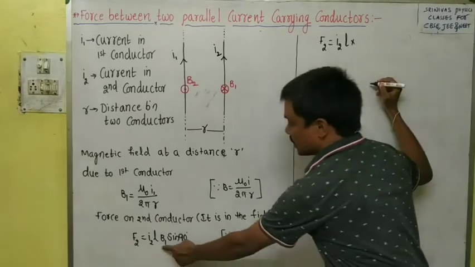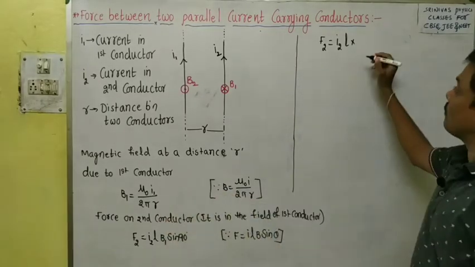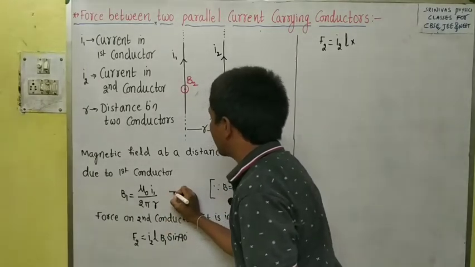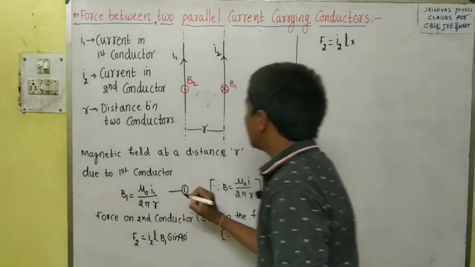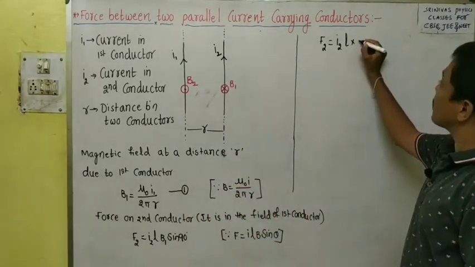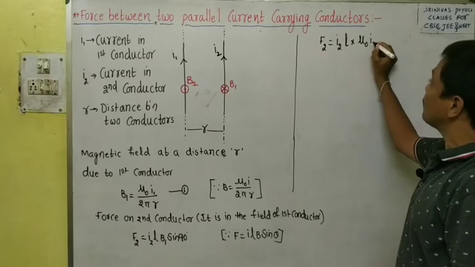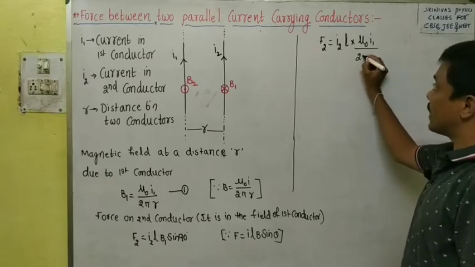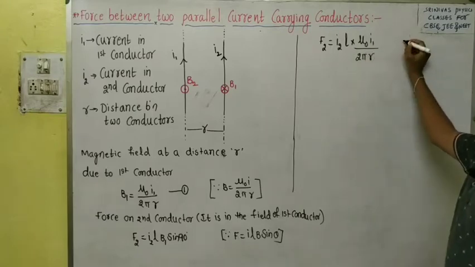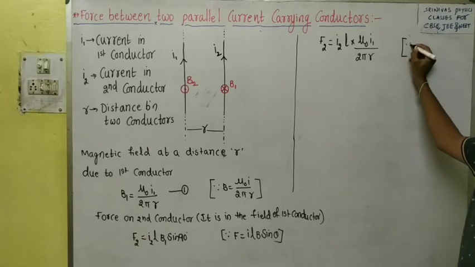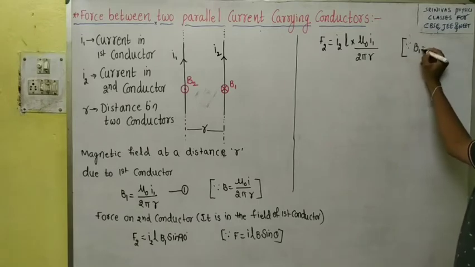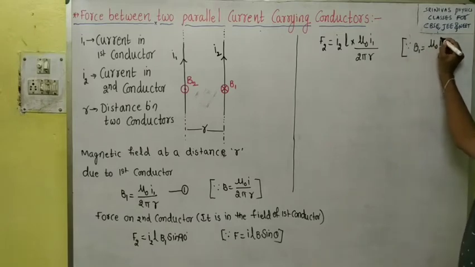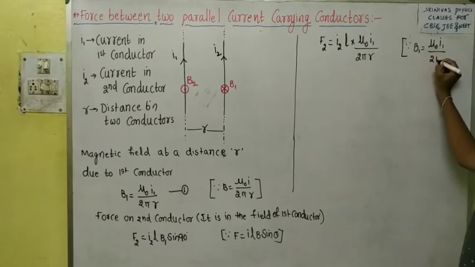What is the B1 formula? We take the B1 formula from equation 1, which is considered as equation 1. B1 is equal to mu naught I1 by 2 pi r.